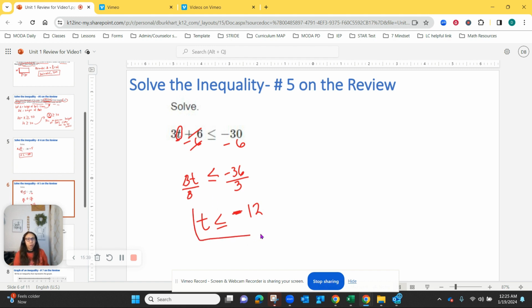So the solution right here is t is less than or equal to negative 12. Now you can pick any value that is smaller than or equal to negative 12 and replace the variable t with it. It will hold the inequality true.